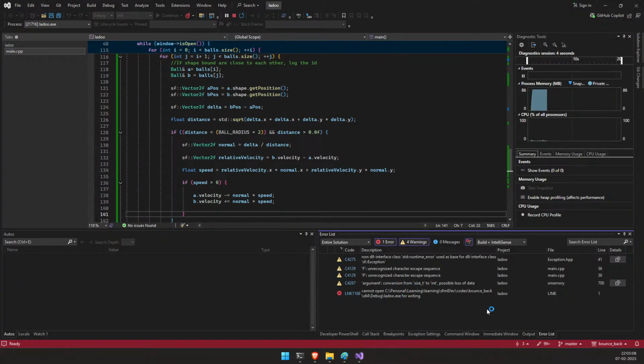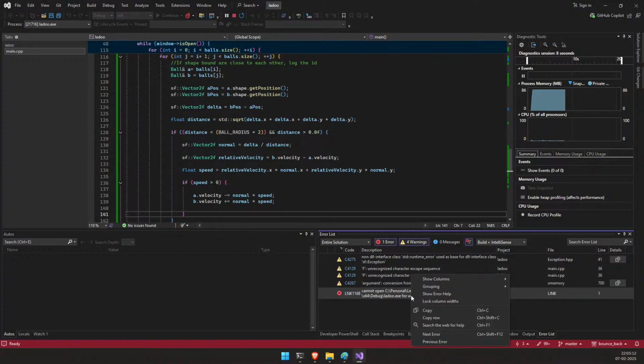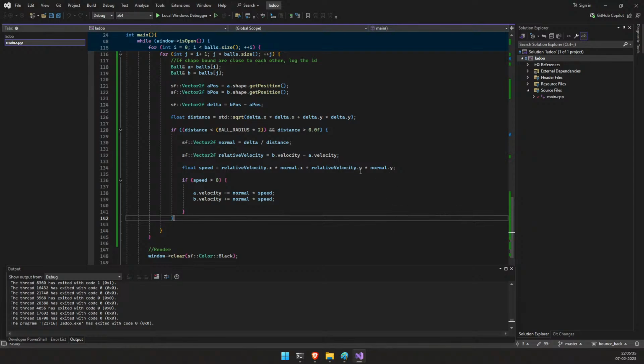Nice, again we have this error. I have to restart my system then.